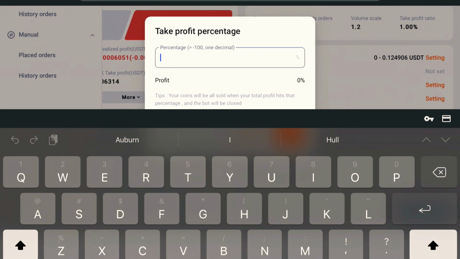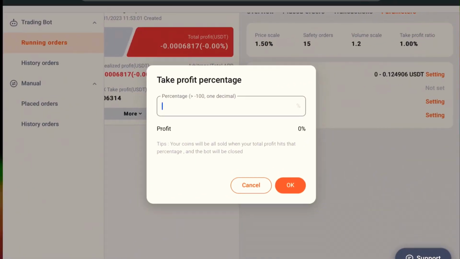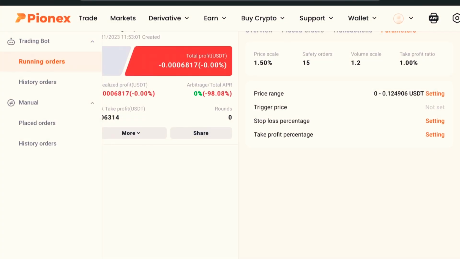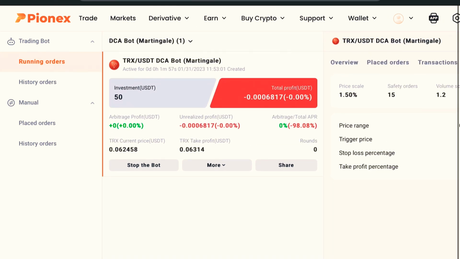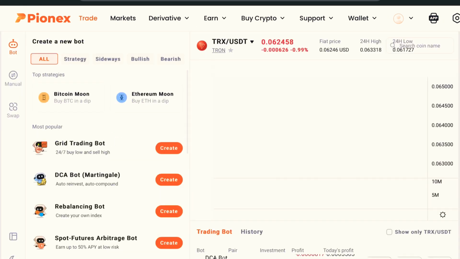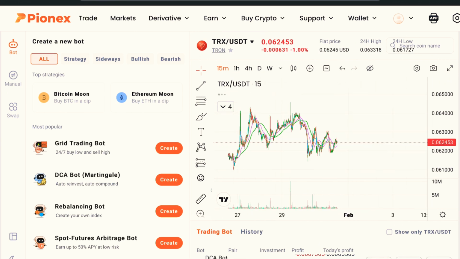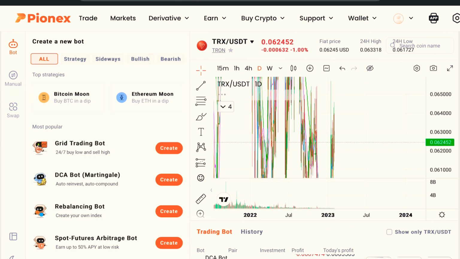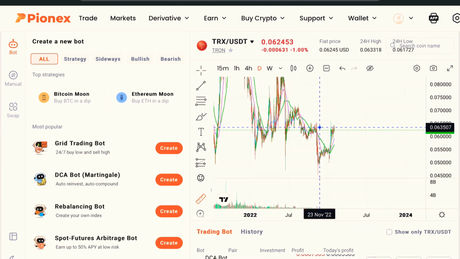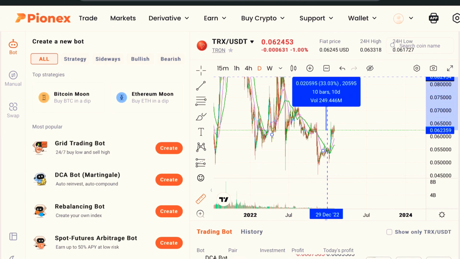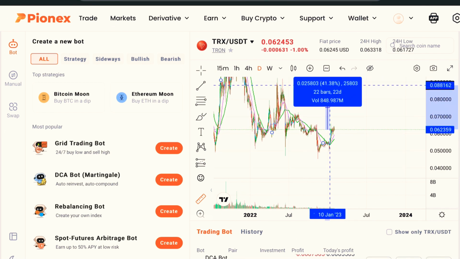So let's say, checking the prices back again, and that'll be somewhere around 40%.